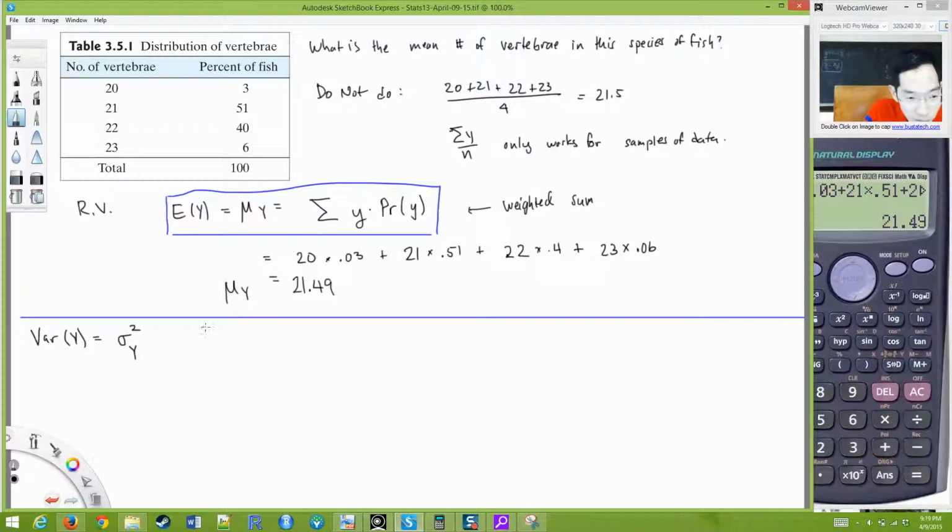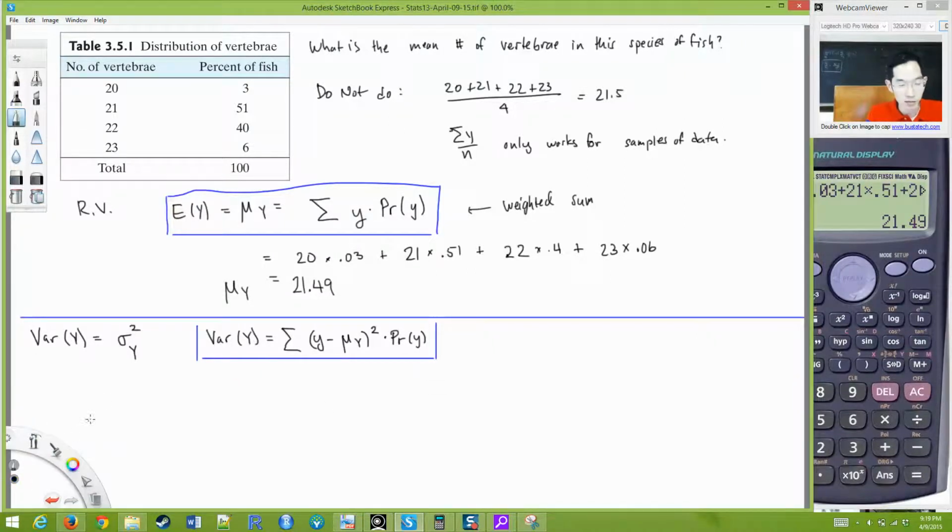The variance of y is given by this formula. We first have to calculate the mean of y, and then take each value of y and subtract off the mean, square that distance, weight that squared distance by the probability, and add those up. Maybe I'll draw a box around this to indicate it's also an important formula.